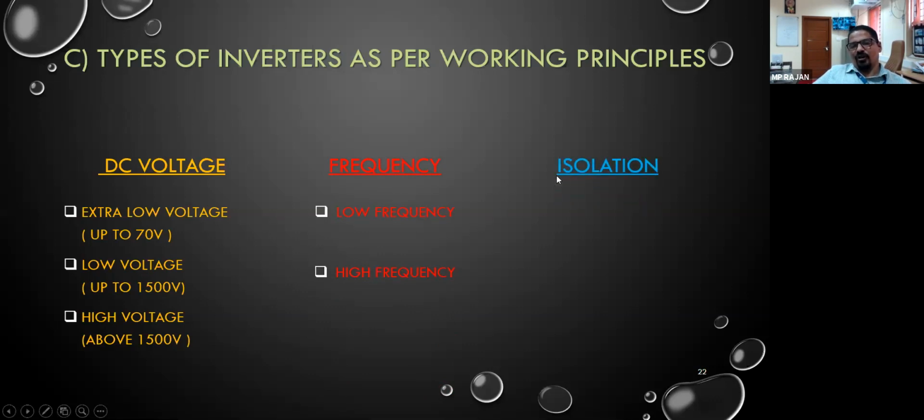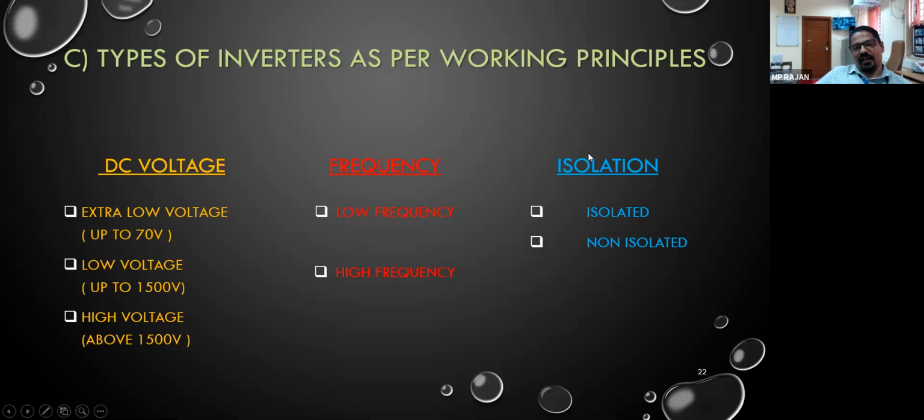Third one is based on the isolation. As per the isolation, we can call it an isolated inverter and a non-isolated inverter. What is the meaning of isolated and non-isolated? In the isolated inverter, there will be a transformer used. In your solar connected inverter, DC supply is taken from solar and converted into AC by using the control panel.